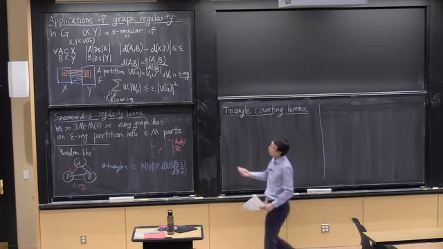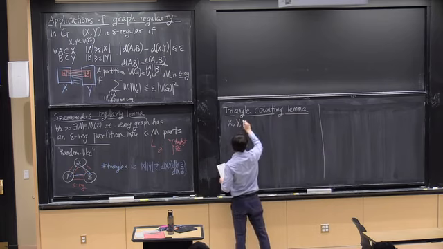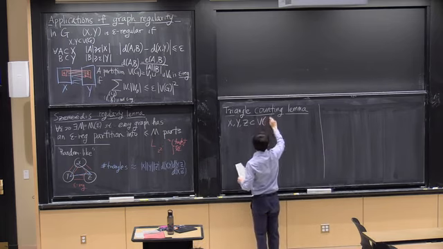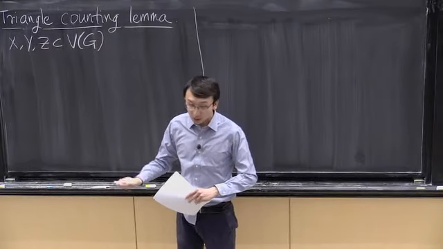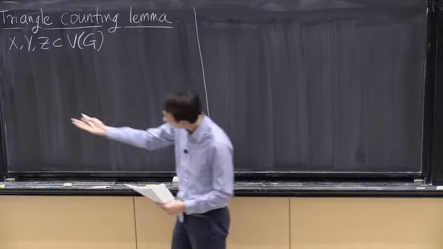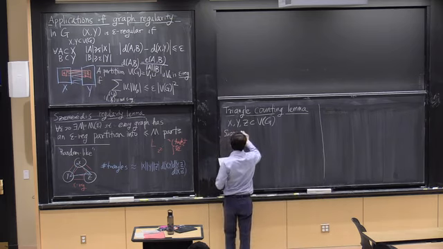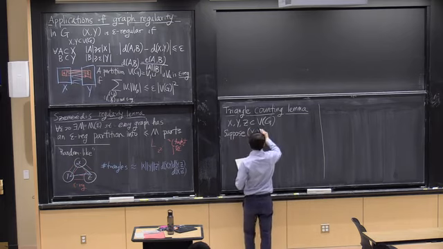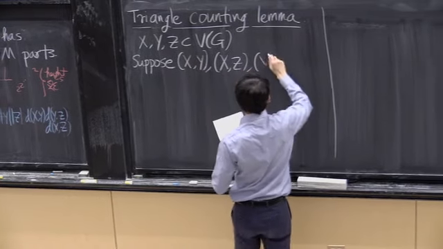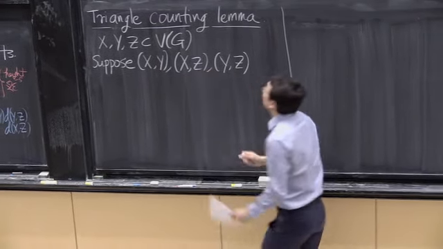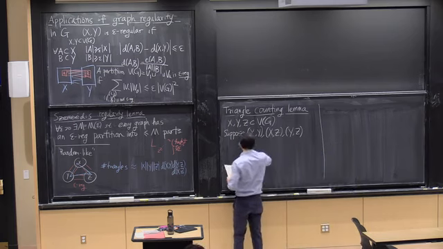In the triangle counting lemma, we're using the same picture over there: I have 3 vertex subsets of some given graph. Again, they don't have to be disjoint. They could overlap, but it's fine to think about that picture. And suppose that these 3 pairs of subsets are mutually epsilon regular.